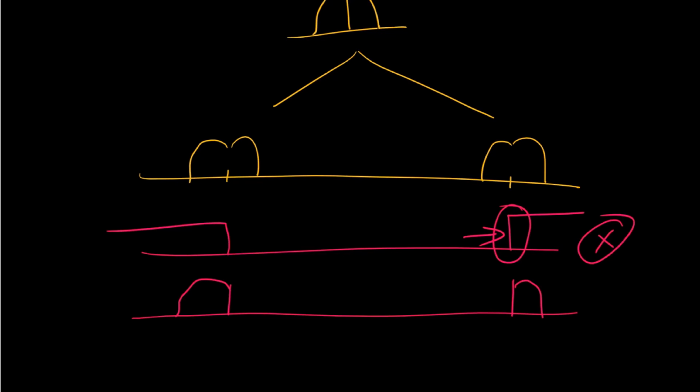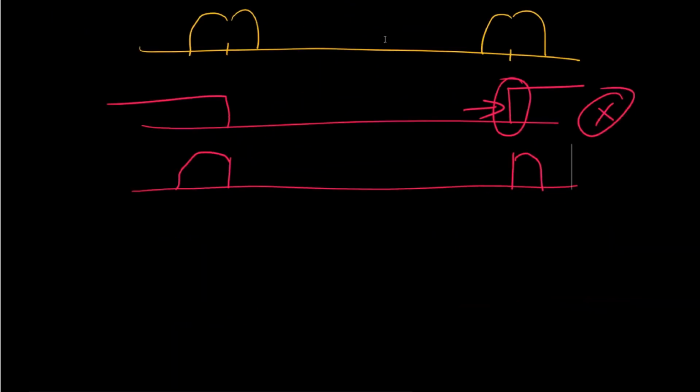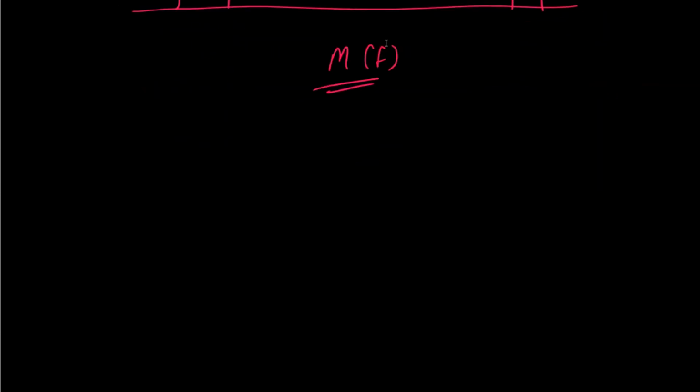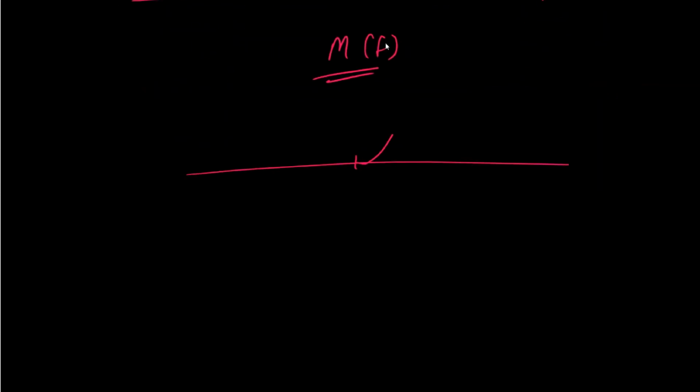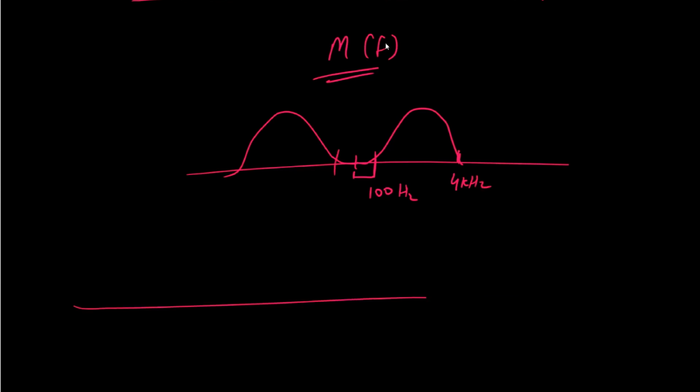However, say we have a message signal with a shape something like this, and say up to 100 hertz you don't have anything, and then you have a signal with a spectrum up to 4 kilohertz. Now, if we modulate this in SSB, we are going to have this shape.